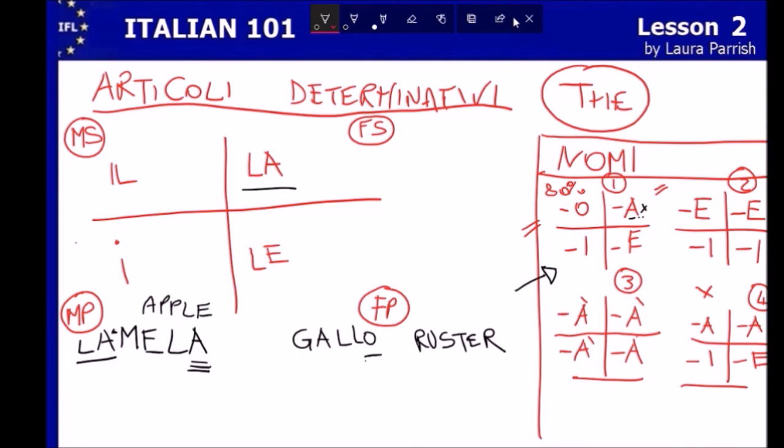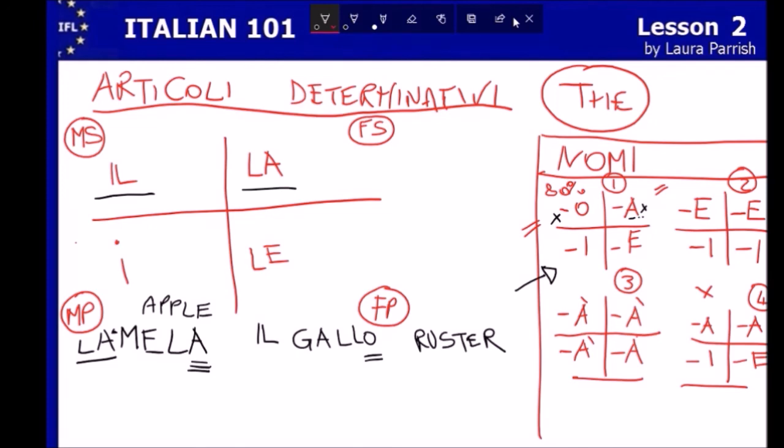It ends with O. So the most common pattern, you see, ending in O, you know is masculine singular. So go in the masculine singular corner of your article, you find the article il. And in fact, this is the right article. So if you proceed this way, it's very technical, you cannot go wrong.